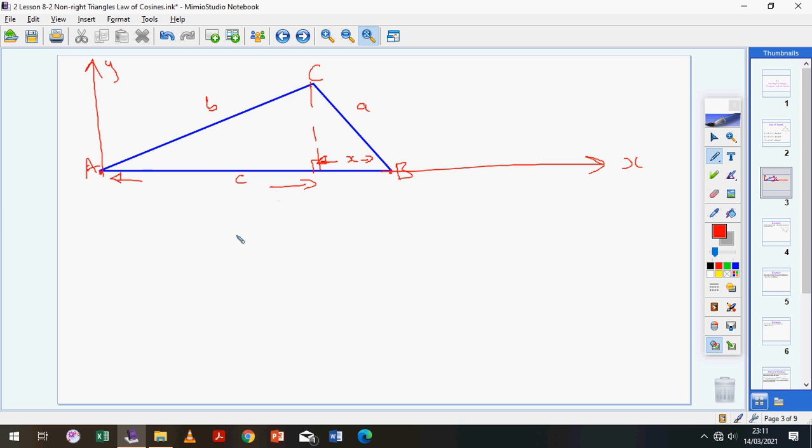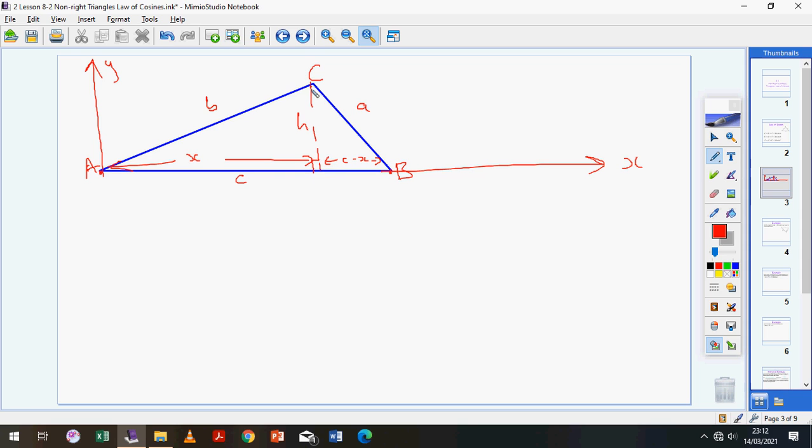You can think of this as C minus x, or let me label it the other way around. If this distance from here to there is x, then this is going to be C minus x. That's the height of the triangle.